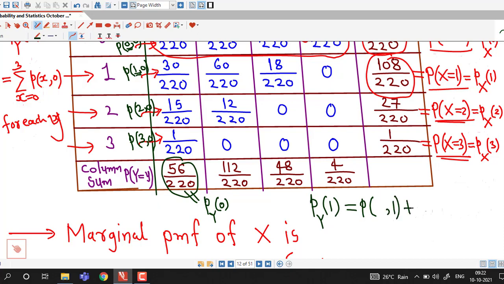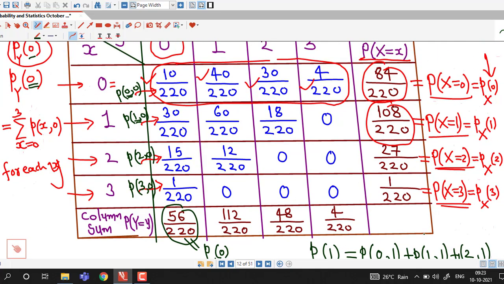The second component is fixed, P of 1, and y is fixed here and we have to vary x. So x can vary from 0, 1, 2 and 3. All these values are nothing but values in the column corresponding to y equal to 1.